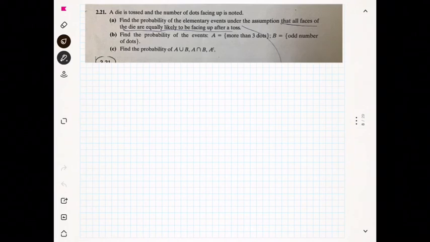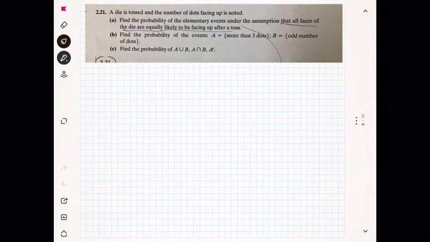another problem. A die is tossed and the number of dots facing up is noted. Find the probability of the elementary events under the assumption that all the faces of the dice are equally likely to be facing up after a toss.